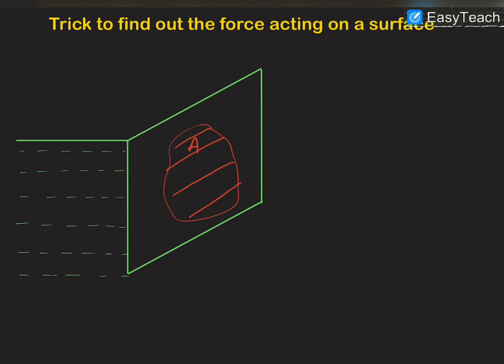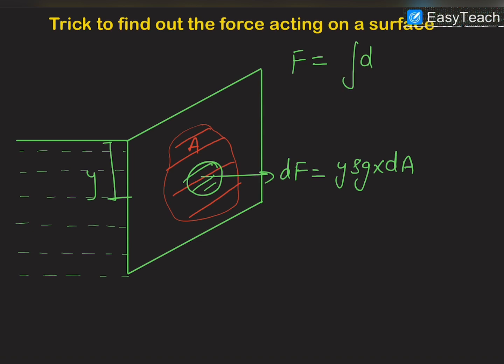So let us suppose that there is a small elemental area in this area which is dA, and the force dF acting on this element will be, if the depth of this element is y, y rho g into dA, and the total force F total will be the integration of dF, which would be rho g into integration of y dA.